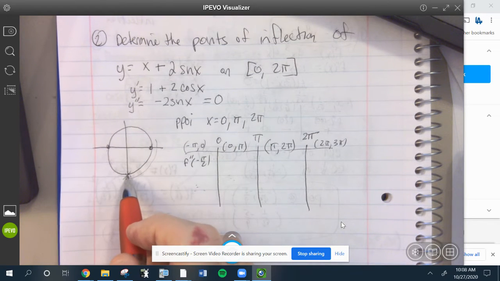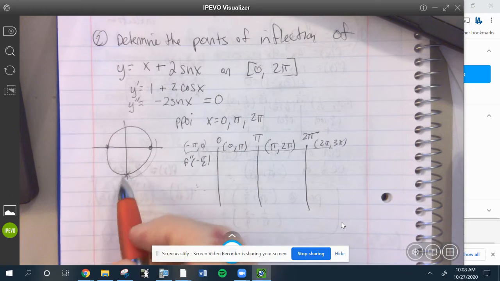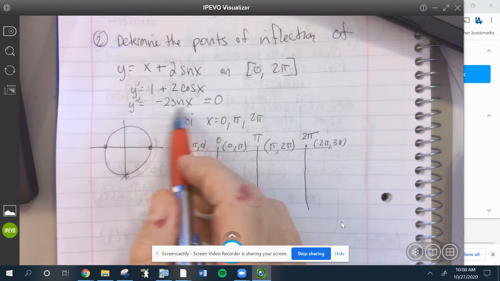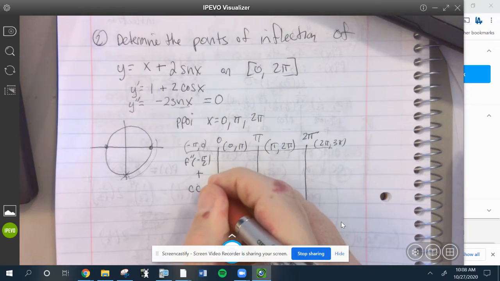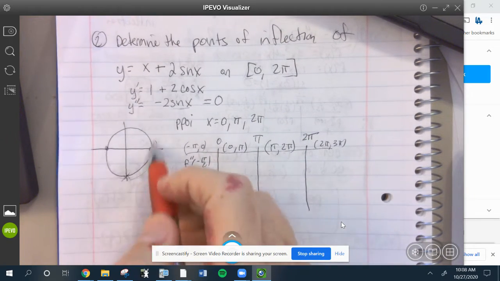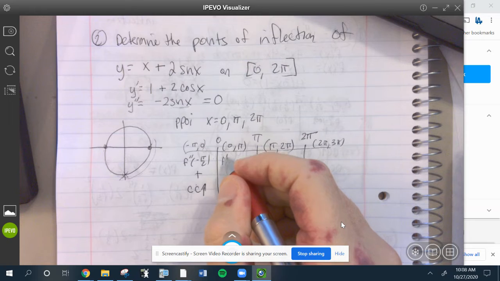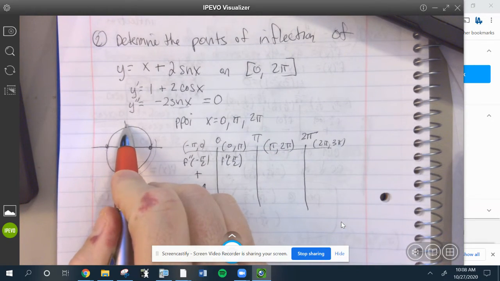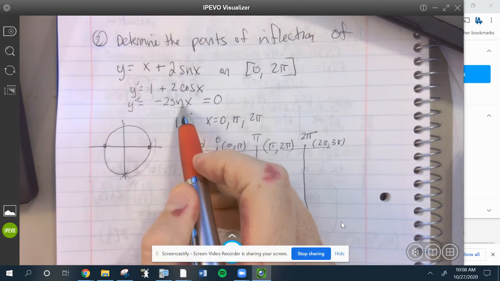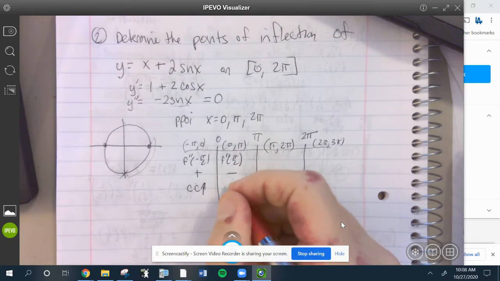Sine is negative here because it's y, and then negative times a negative, because sine is negative, is a positive. So we're concave up. From 0 to pi, I'm going to use pi over 2. Sine is positive here, so we have a negative times a positive, which is negative, concave down.